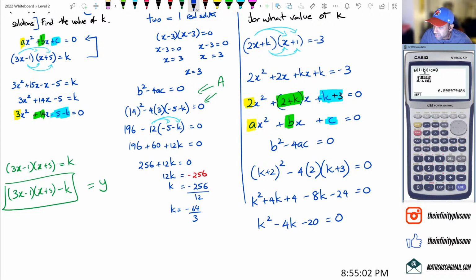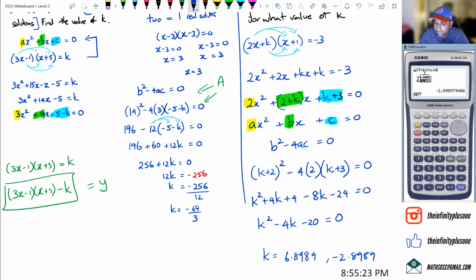As you can see, we've got 2 solutions for k, which is 6.8989, and negative 2.8989. Now I am going to show you what this looks like on the graph.